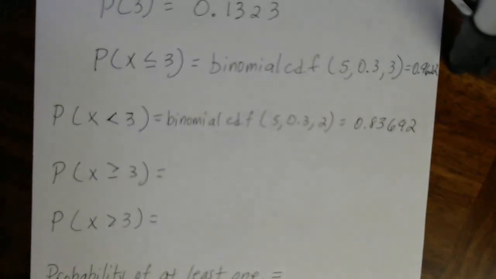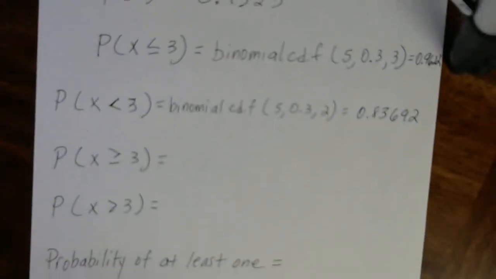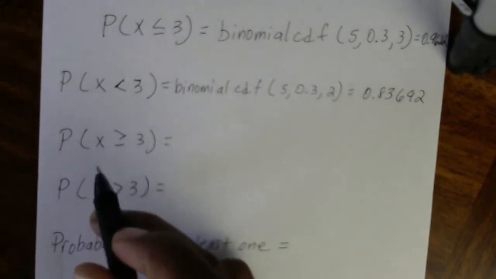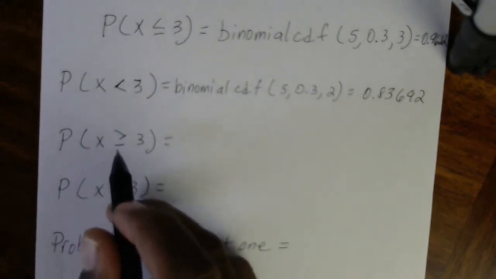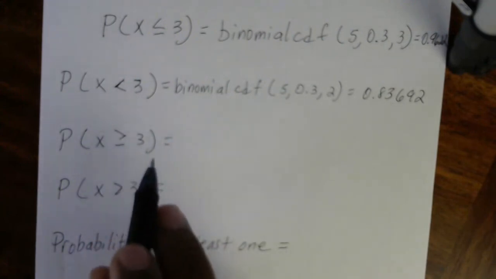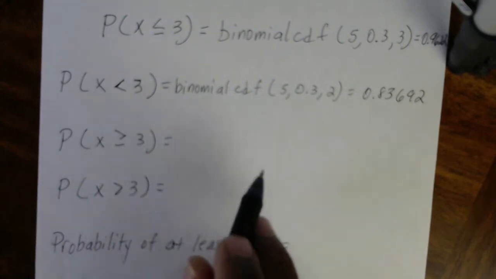All right. Now we want to find the probability that X is greater than or equal to 3. That means we want the probability for 3, for 4, and for 5.